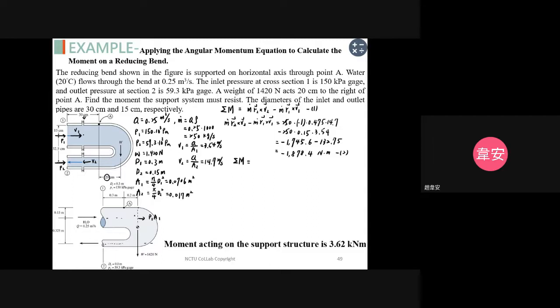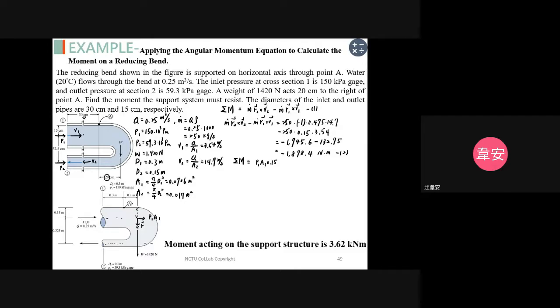This is the pressure force acting along this direction, and the R vector is the force arm for this pressure. So the moment is P1 A1 and the distance R1 is 0.15 meters.